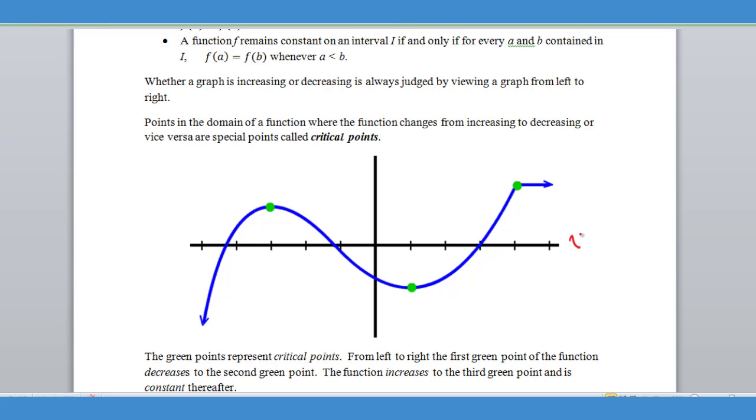Now, all intervals are based over the x axis, and we're reading this from left to right. And so don't get caught up with the arrows. Like this arrow looks like it's pointing down, so it seems like it would be decreasing, but technically from here to here we are actually in an increasing spot, because from this point here to go up to the critical point, we have to be increasing to that critical point.